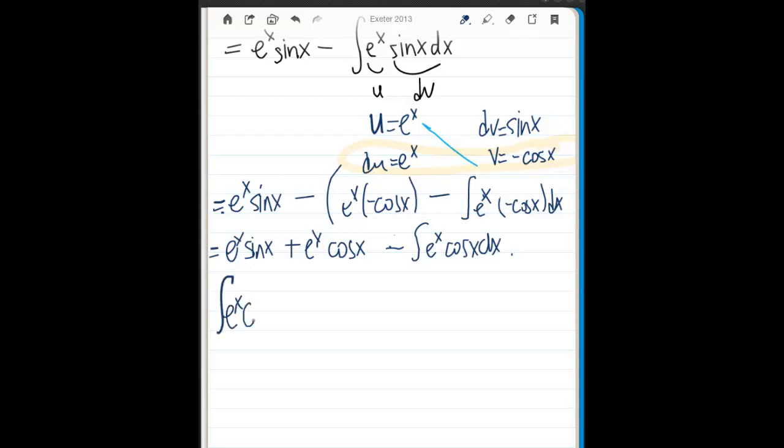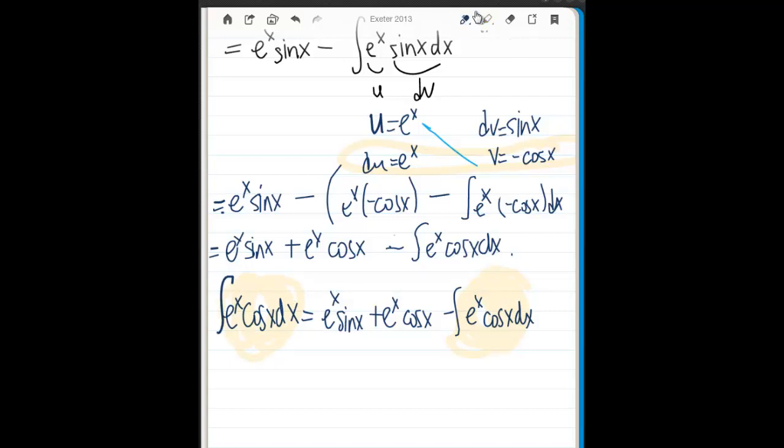The question we had to answer was e to the x cosine of x dx, and the answer we found to it so far seems to be e to the x sine x plus e to the x cosine x minus yet another integral, but that integral is the same as our question.